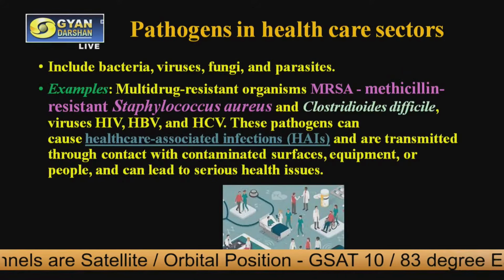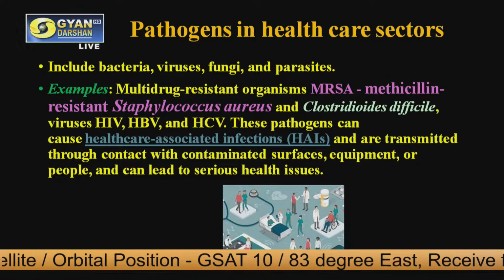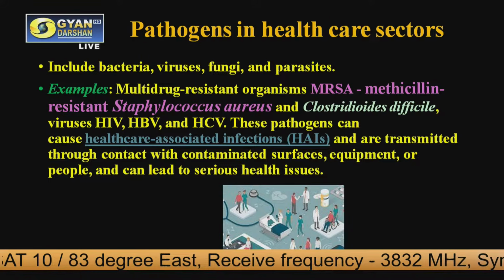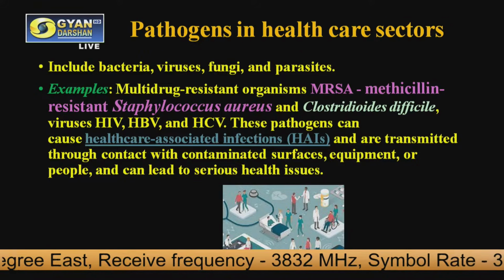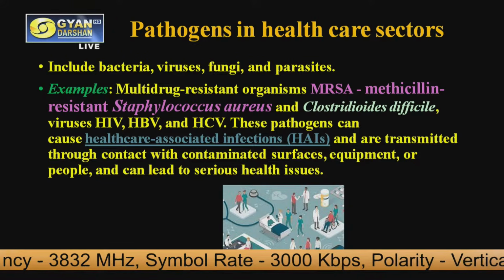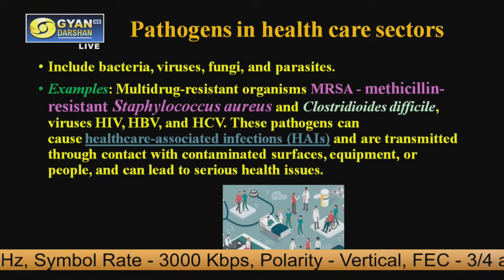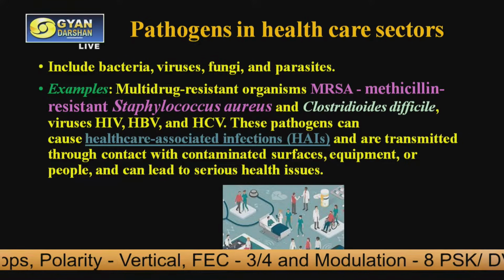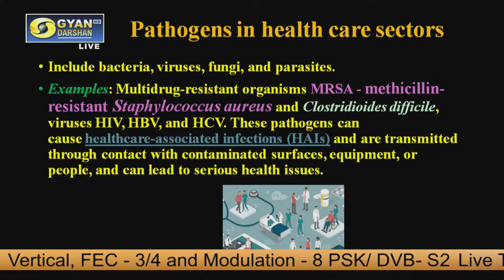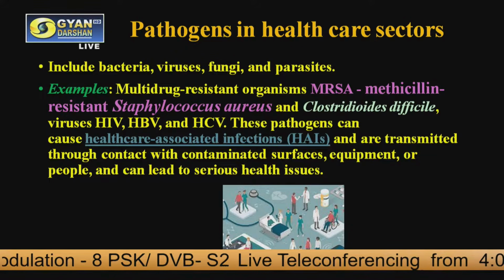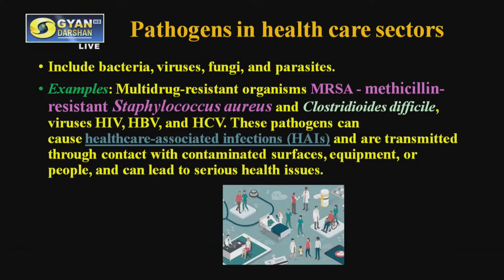They include examples like the multi-drug resistant organisms, like MRSA, in short, that is the methicillin resistant Staphylococcus aureus. Now this Staphylococcus aureus is found in the pus, and also in infectious wounds which are very difficult to heal unless prompt treatment is given. And also Clostridioides difficile.